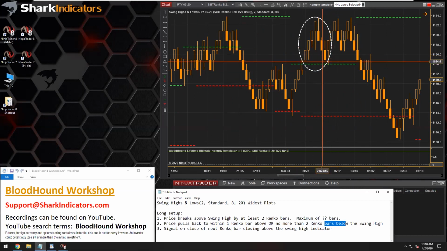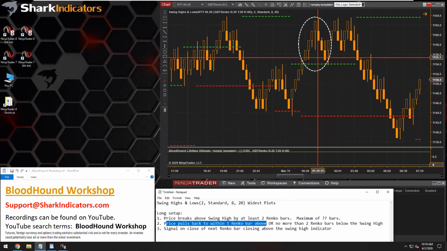Here's an example of price pulling back within 1 Renko bar above, right? So we had price breaking the swing high. It broke it by 1, 2, 3, 4, 5 bars, and then it pulls back, and it doesn't touch it, but it comes within that 1 bar distance. So it's coming within that 1 Renko bar, being above the line. That right there qualifies.